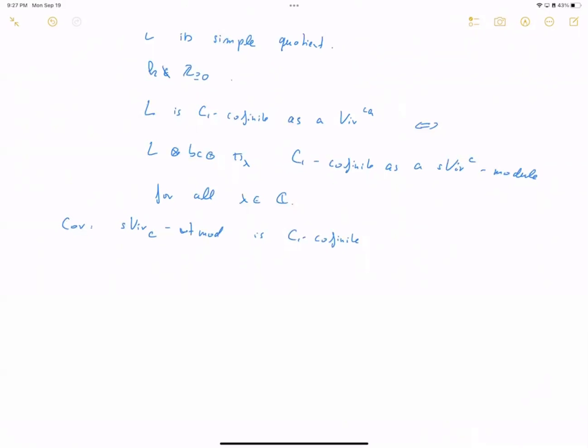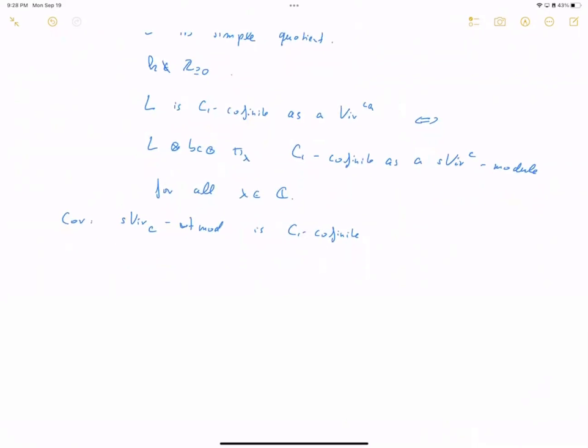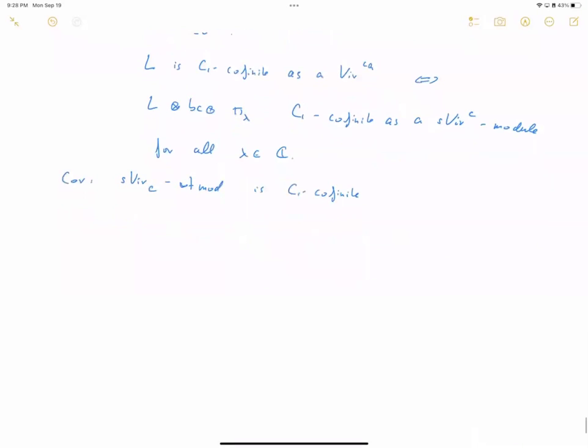So this theorem applies to every module appearing in that realization. Anyway, the corollary is that this category is C1 cofinite for admissible level.